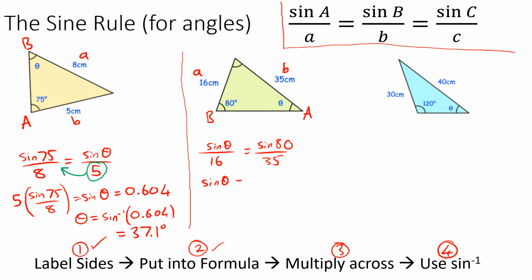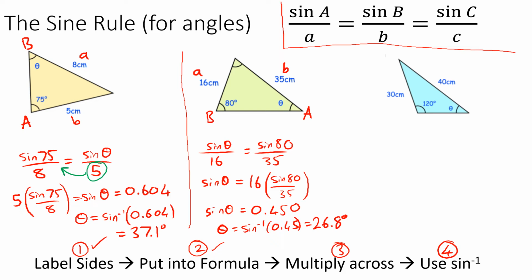So we'll end up with sine theta is 16 lots of sine 80 over 35. Type that in and you'll get that sine theta is equal to 0.450, and then use the sine -1 button to find the actual angle, which is 26.8 degrees. Hope you got that right.